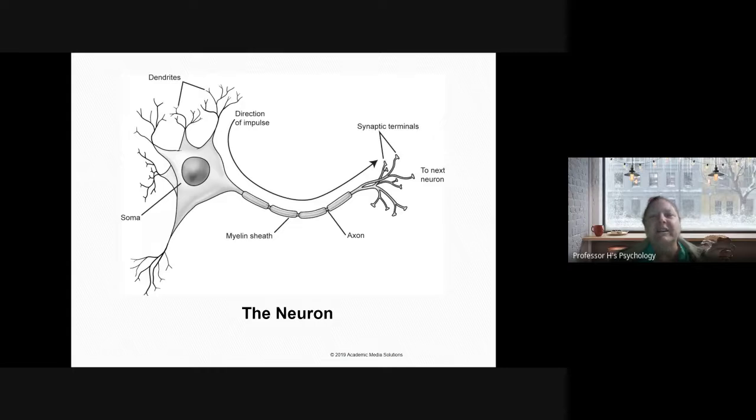So then the signaling starts to go very slowly, and that way movement is impaired. It's called a demyelinating disease, meaning that it takes away the myelin. There are other diseases that do this also, and they're pretty terrible diseases.